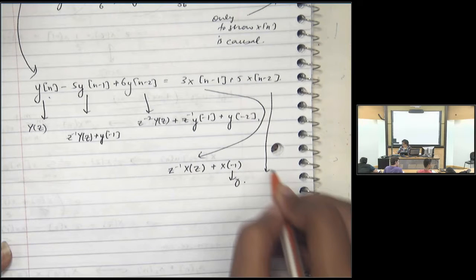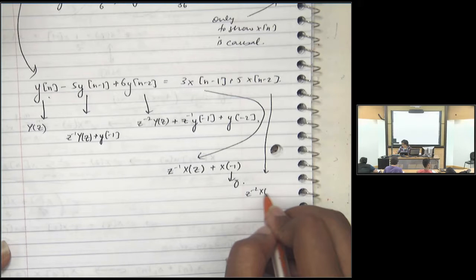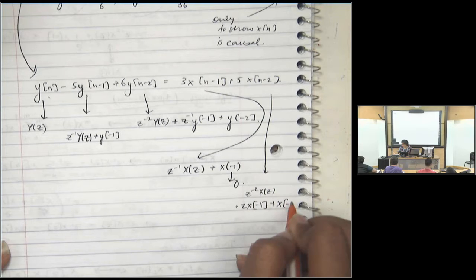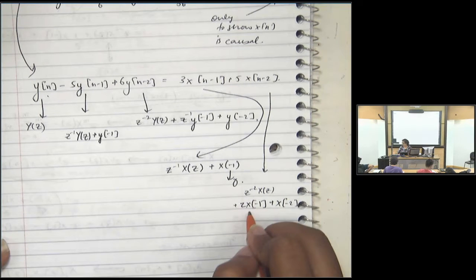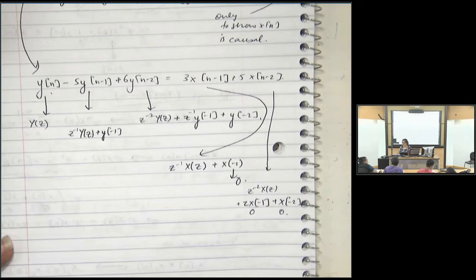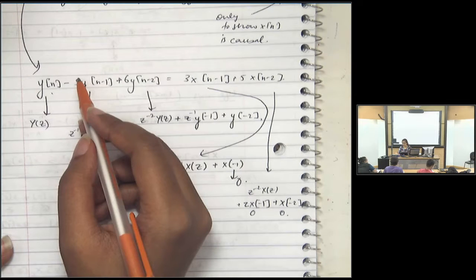And similarly for x of n minus 2, we'll have z to the negative 2 x of z plus z to the negative 1 x of minus 1 plus x of minus 2. Okay, and both of these are 0. Do we need to do anything with the constants? Yeah, the constants are just scalar multiplications, right? So 5 will stay here the way it is.